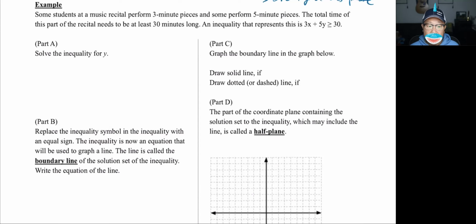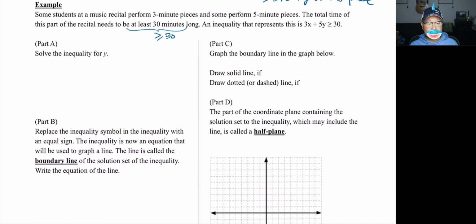Here, we have different pieces at the recital, some worth 3 minutes, some worth 5 minutes. The total amount of time has to be at least 30 minutes long. So when I see at least 30 minutes long, I think to myself, the sum has to be greater than or equal to 30.